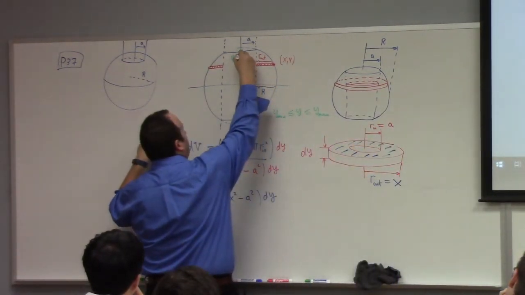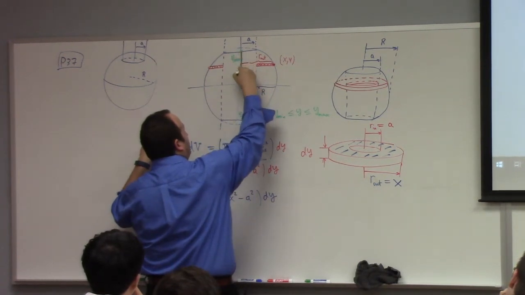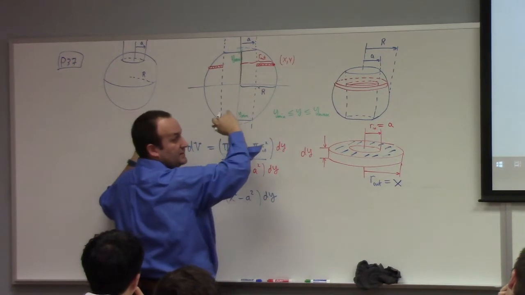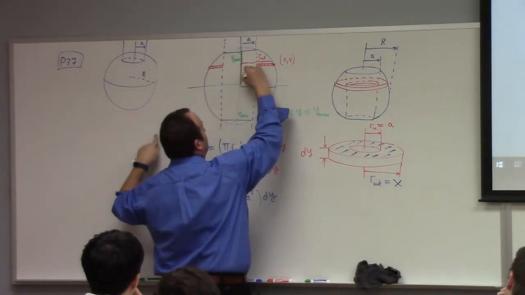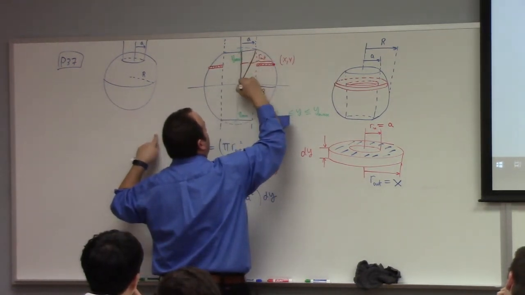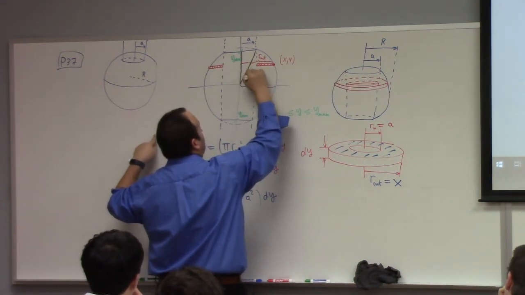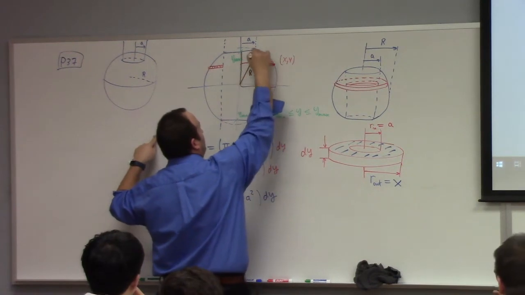If you look right here, this leg of the triangle I just drew, the length of that is y max. The hypotenuse of the triangle has length r because it goes to a point on the sphere. And so that's the line which connects the center of the sphere to a point on the sphere.